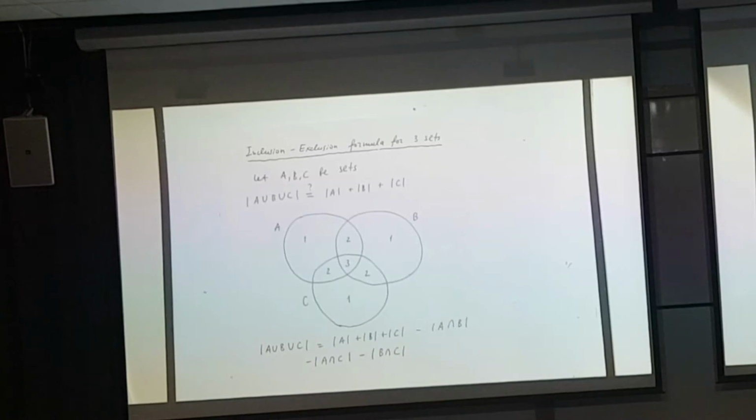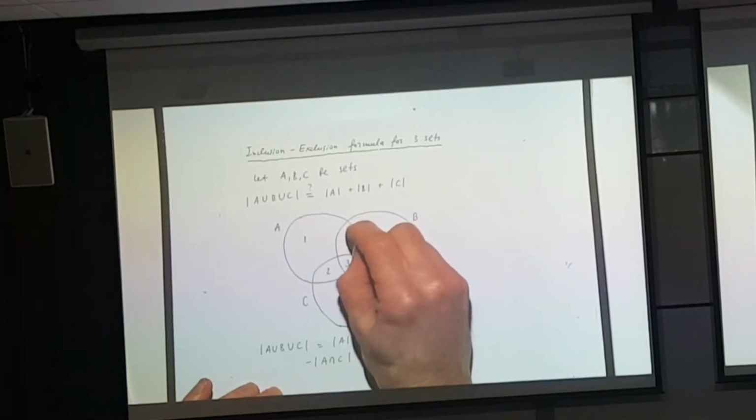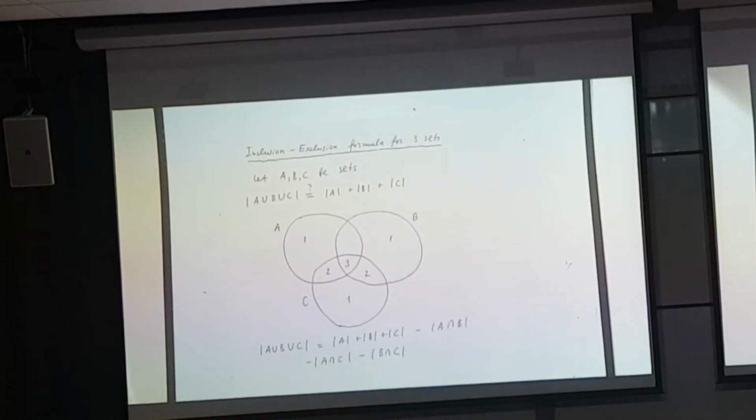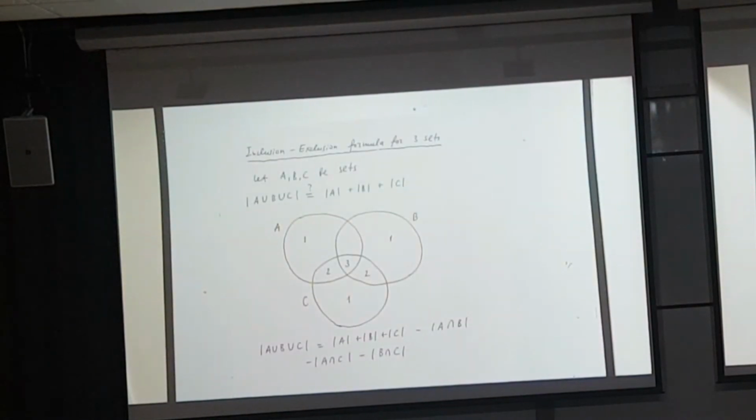For those elements which were double counted, those now become counted precisely once. So those elements which were in a double intersection but not in a triple one, for example in A intersection B but not in C, would be present once in the number of elements in A, once in the number of elements in B, and once in A intersection B, but since they're not in C, they wouldn't be present in the second correction term or the third correction term.